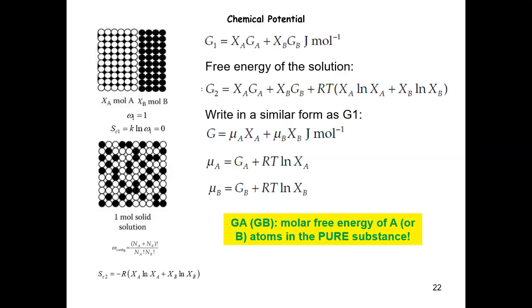But what is the physical meaning of chemical potential? That's what I'm trying to get at here. To understand the meaning of chemical potential, let's compare this mixing state to this demixing state.